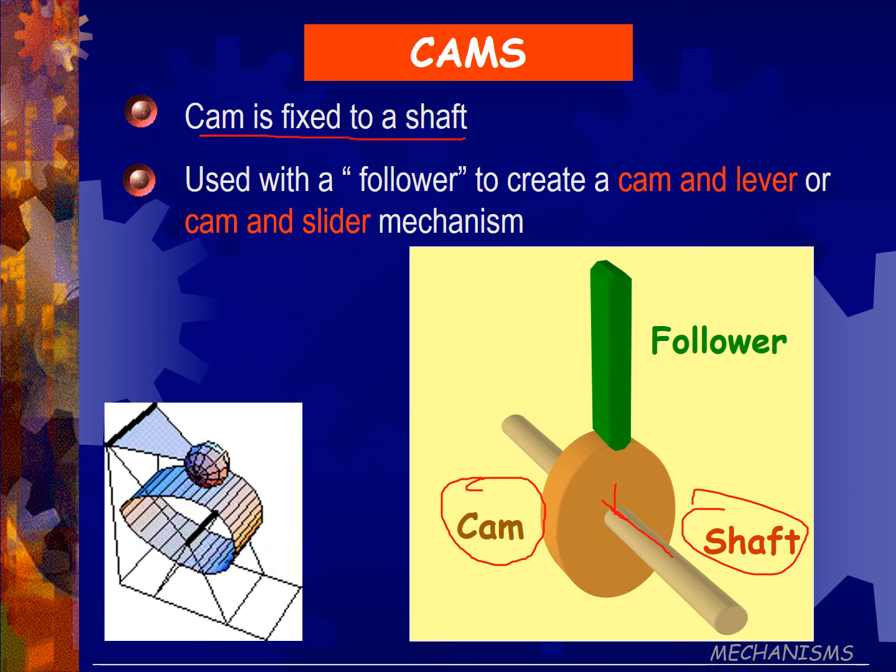But the cam is not fixed to the follower. So when this cam is moved, this is what we call the cam profile. As we turn the cam, the follower will follow the profile of the cam and move accordingly.